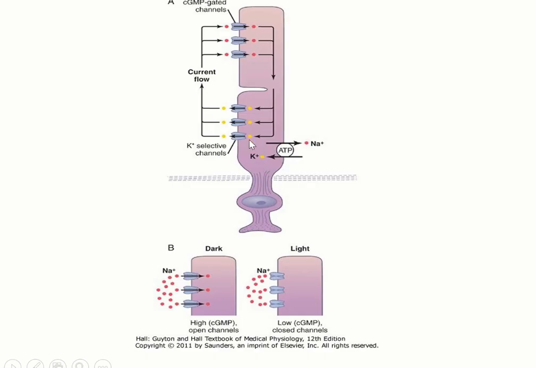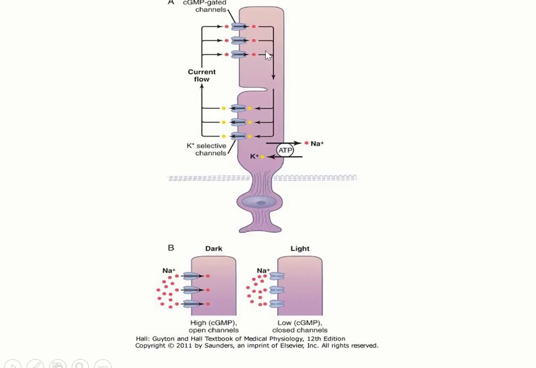Now these potassium ions, since there are a lot of potassium selective channels in the inner segment, will efflux through them. So this allows the current to flow from the inner segment to the outer segment. The outer segment allows sodium ions in, the sodium ions are pumped out by the sodium potassium pump, and the potassium which has entered is going out through the potassium selective channels.